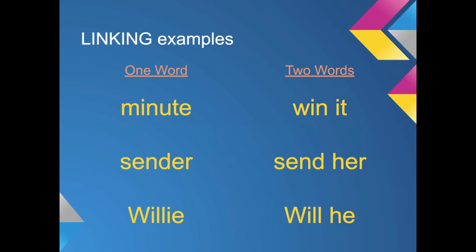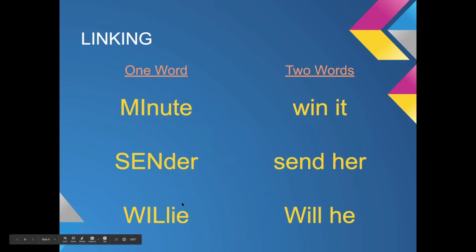You should have said sender, sender. And the last one? The last one is a name, Willie. Okay, if I click on the screen, you will see that the stressed syllable is the first one.